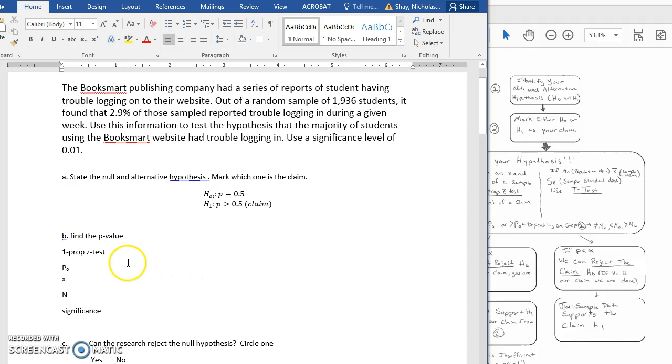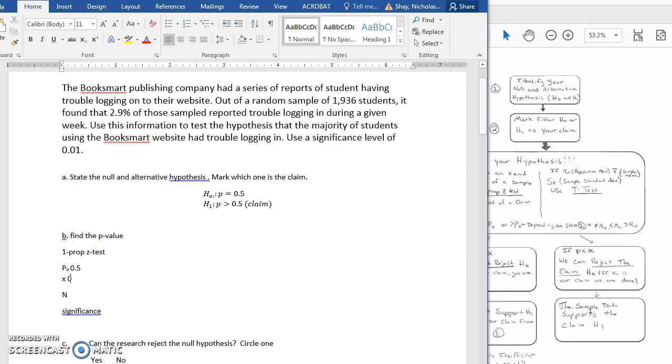So we're going to do the one prop z test. p0 is the proportion we are testing, which in this case is going to be 0.5. The x is a little tricky here because x is the number of people who said they had trouble logging in. When you read carefully, it says we have 1,936 students and that 2.9% of those had trouble logging in.